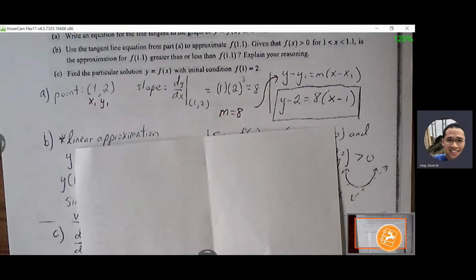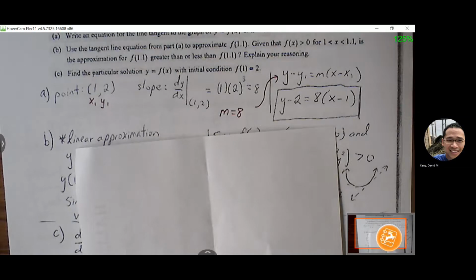Ordered pair is 1, 2. Slope is from your dy dx. If you insert ordered pair 1, 2 into your dy dx, you get m equals 8. And then tangent line equation from there. Okay, part B, linear approximation. So insert 1.1 into your tangent line, and that's your approximation using your tangent line equation.